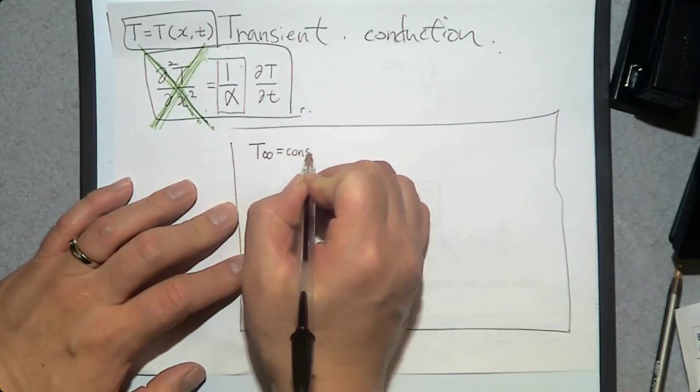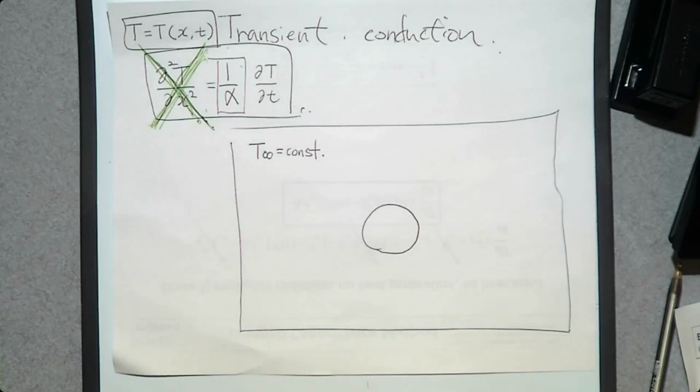So it's going to be T infinite. The temperature of the fluid is uniform, while the temperature of the solid is going to change.